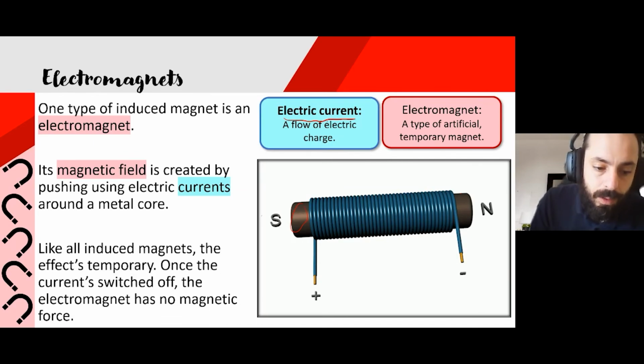So, like other induced magnets, the effect is temporary. It is not magnetic forever. So once the current is switched off, once there is no current flowing through the wire, then the electromagnet has no magnetic force. Think of some uses for this and share it in Microsoft Teams chat. Why would it be useful to turn on and off an electromagnet?